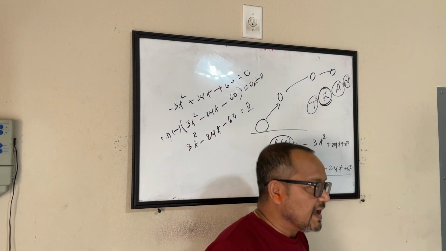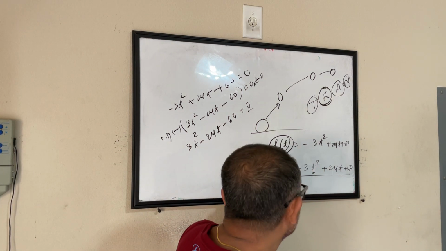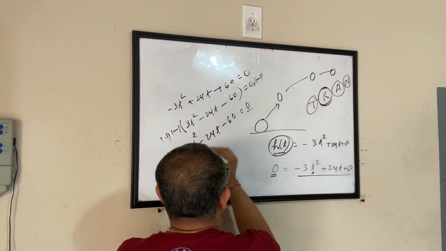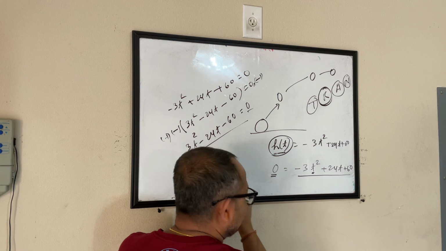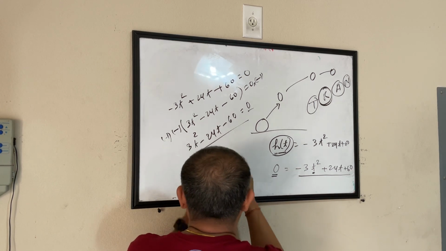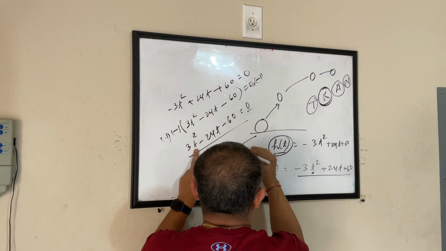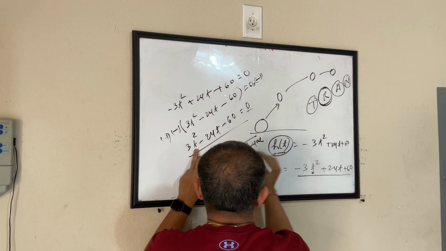When we are in a situation like this, if we know the quadratic formula, then we know that if I have a quadratic equation and I'm trying to solve it for x, it becomes minus b plus minus the square root of b squared minus 4ac, divided by 2a.